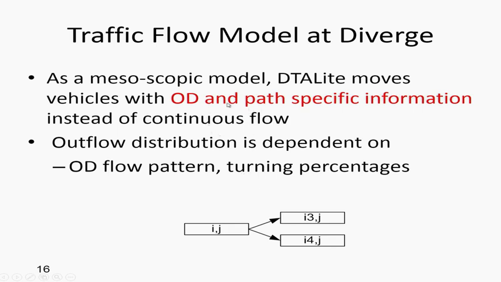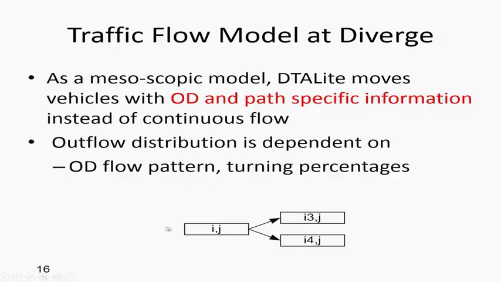So, as I mentioned here, the DTALite is a mesoscopic simulation. So we move the vehicles. Each vehicle carries its origin, destination, departure time, path, and specific information instead of a continuous flow. So when I have a flow or one unit of agent moving to the next divergence or intersection, fluid-based models, such as the cell transmission model or some higher order models, might use turning ratios.